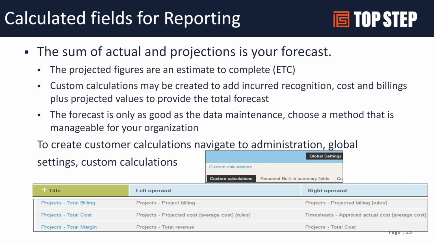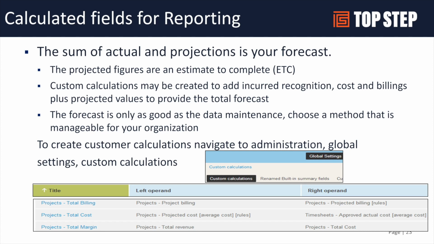And we create a lot of custom calcs with customers to be able to say, okay, I want to see how am I doing this year, right? So if I want to say how are we doing in 2022, well, I've got actuals up through July. I've got forecasts for August through December.